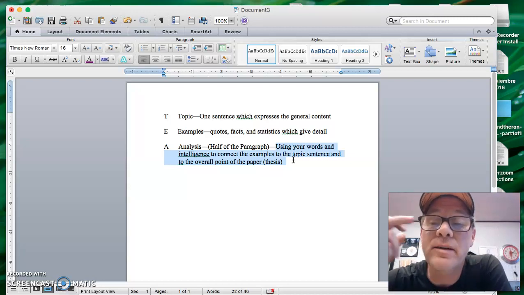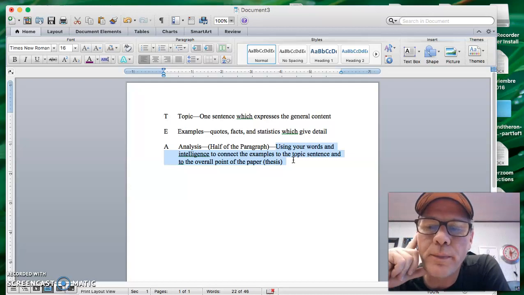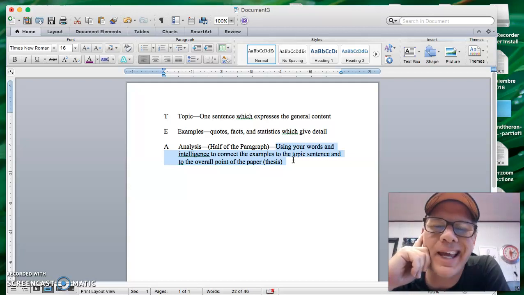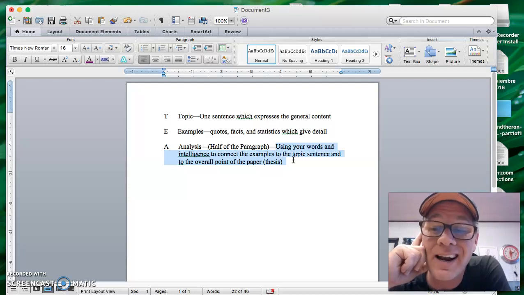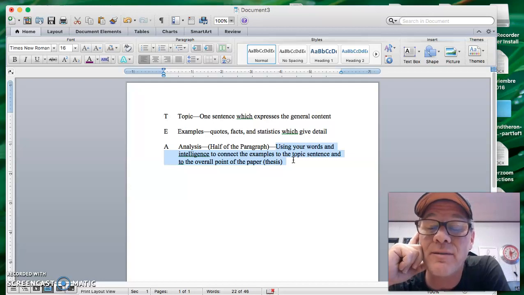Now, lengthwise, there's a lot of room in terms of composing a body paragraph for sentence length. You want to be between about 8 and 14 sentences, 8 on the low end, 14 on the high end before you break. Anywhere in there is fine, but you really don't want to be less than 8 because it's really hard to analyze and to put your voice in there if you have less than that.